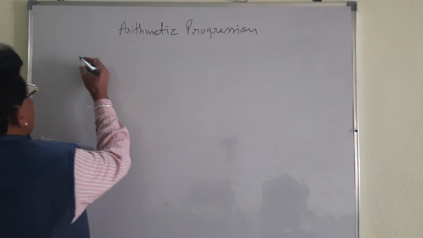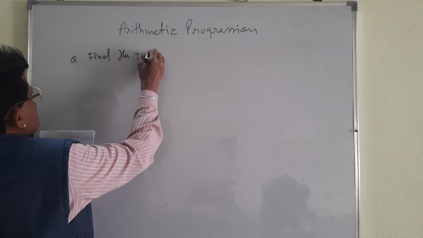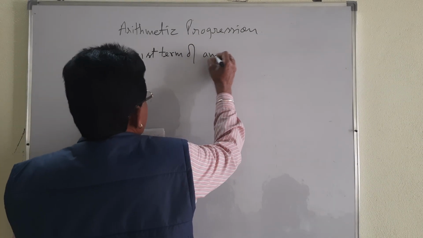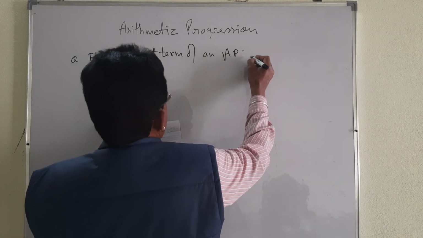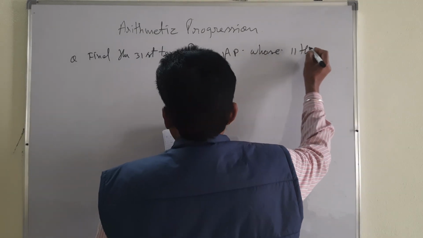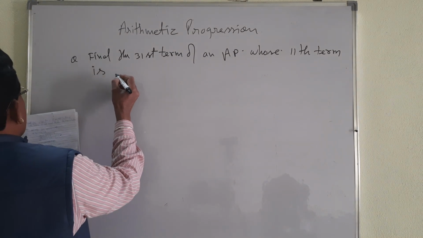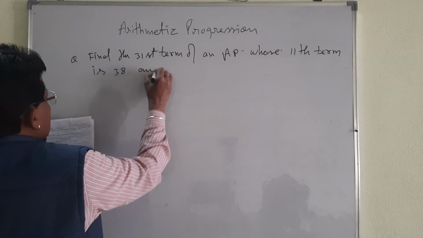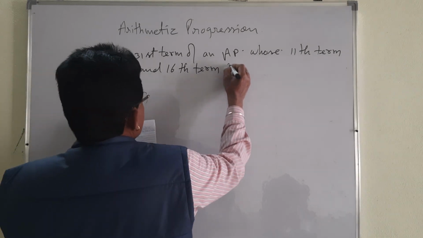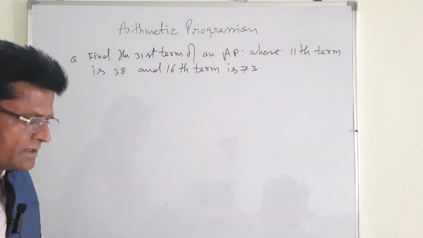Find the 31st term of an AP, arithmetic progression, whose 11th term is 38 and 16th term is 73. But you find the 31st term.